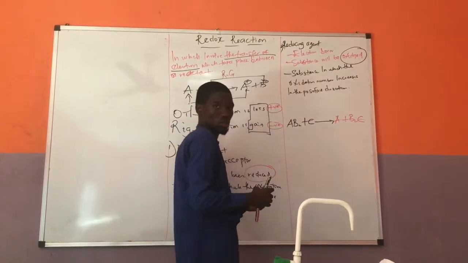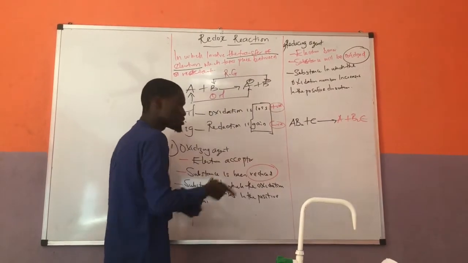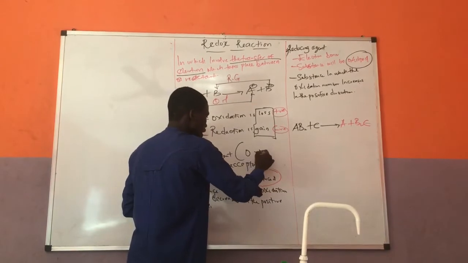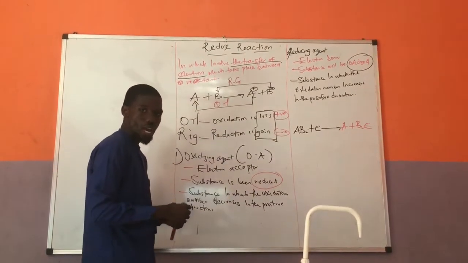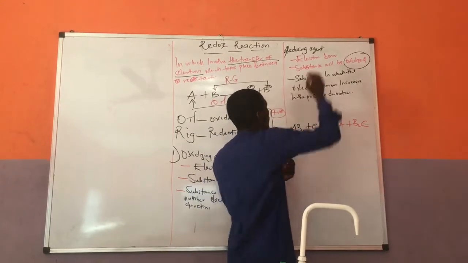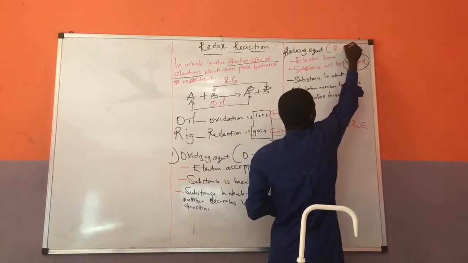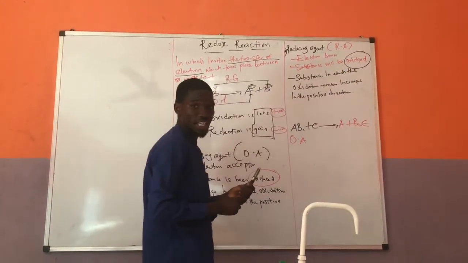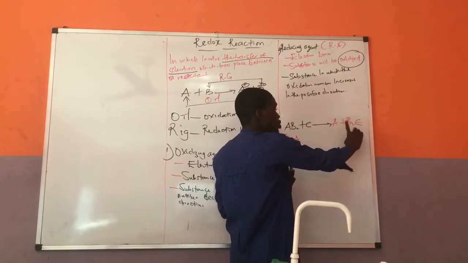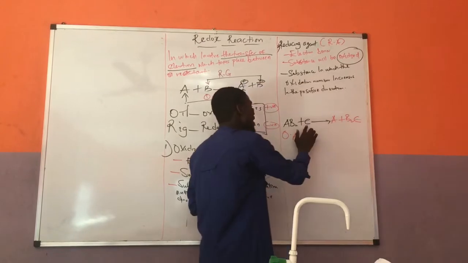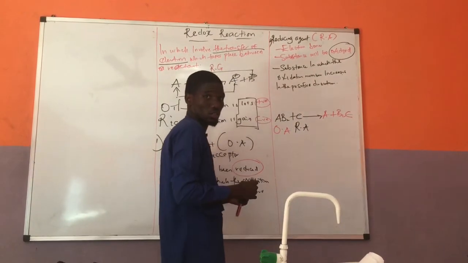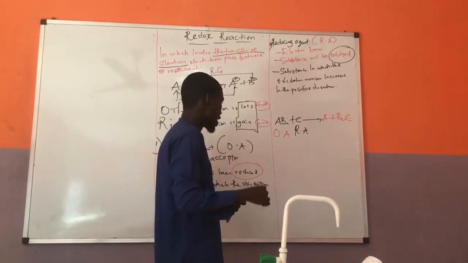A. And when a substance is being reduced, it is called what? Oxidizing agent. That is OA. So I take this to my what? OA. While for this, RA to be my reducing agent now. So this C here is being oxidized to B2C. So my C here is the reducing agent.